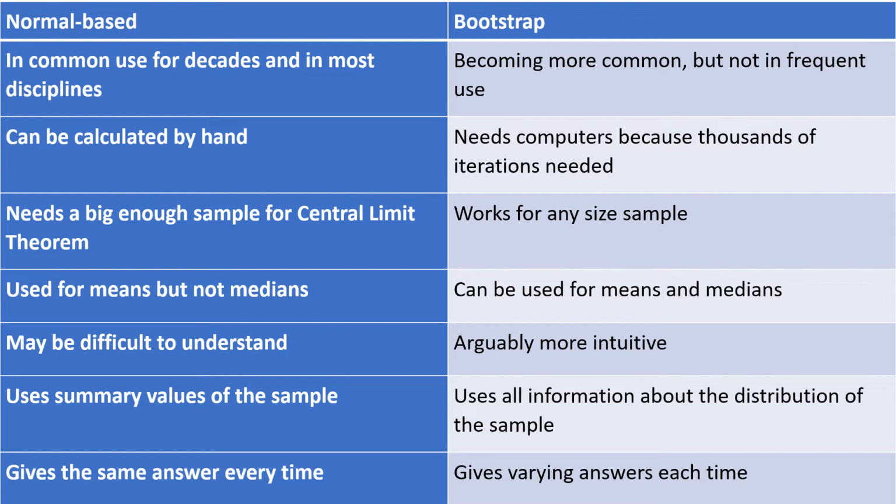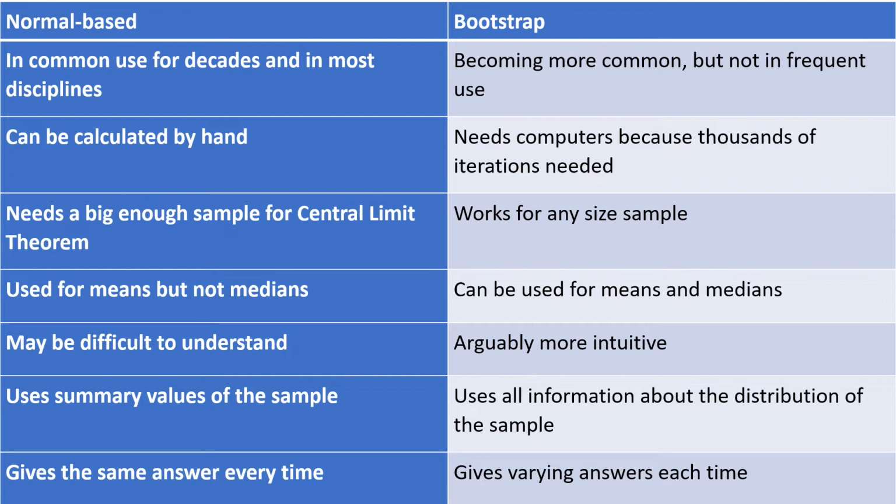Then if we look at bootstrapping, people, this is really great. It's a great method that we can use thanks to our computers. People, it's becoming more and more common, but it's not yet in frequent use. We need computers because thousands of iterations are needed. People, it works on any size sample.